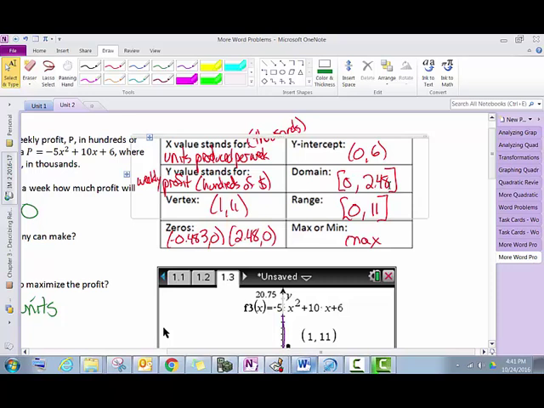And the y is really hundreds of dollars. So technically it is 0 to 2.48 hundreds of dollars. So $248 is our domain.